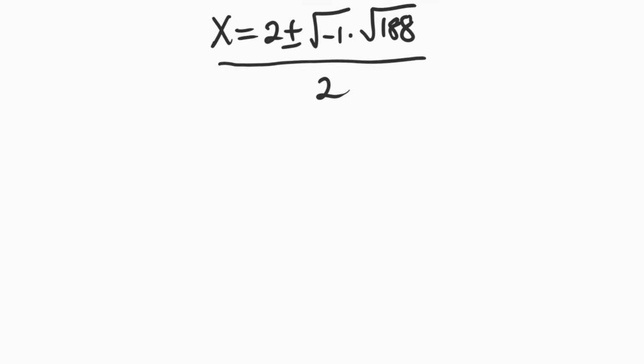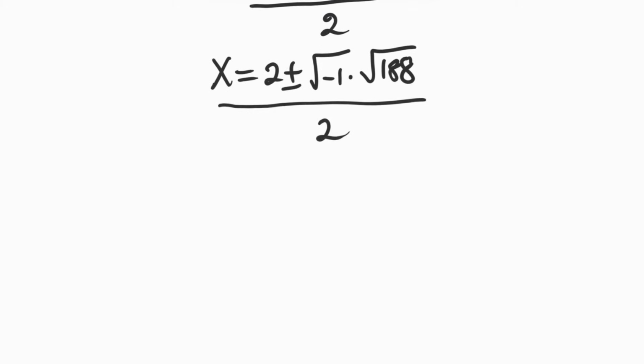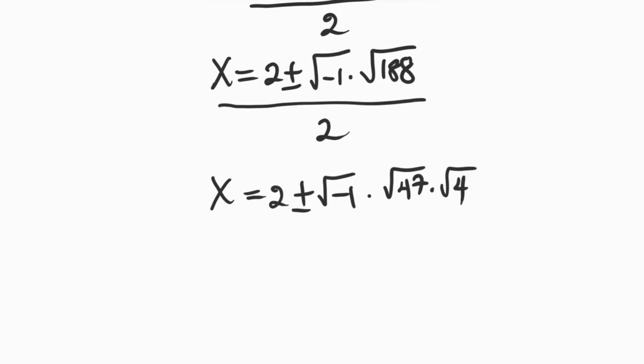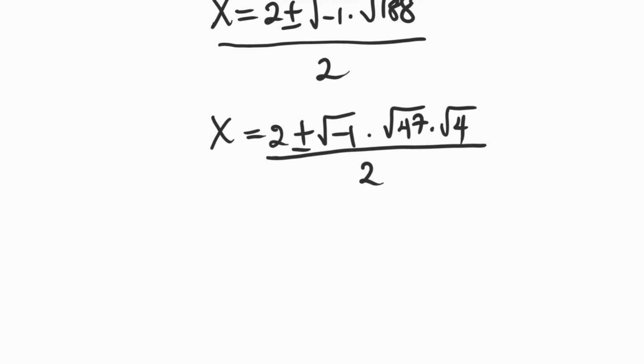Right? So now we have x equals 2 plus or minus root of minus 1 times root 47 times root 4, divided by 2. Now we know that i squared is equal to minus 1.